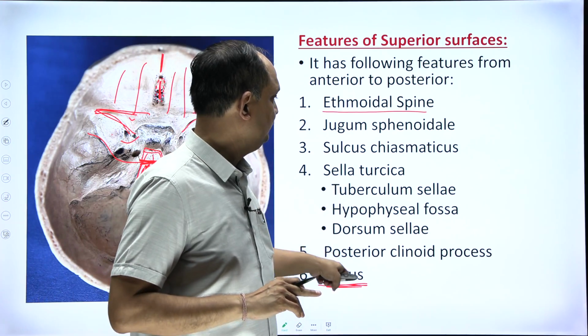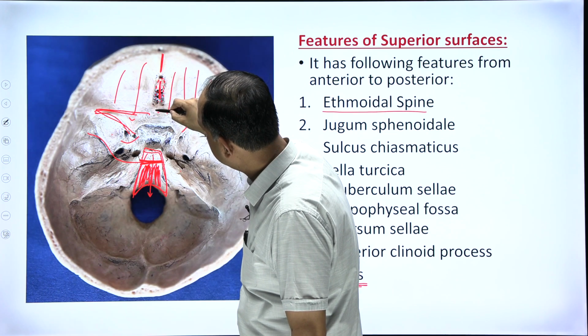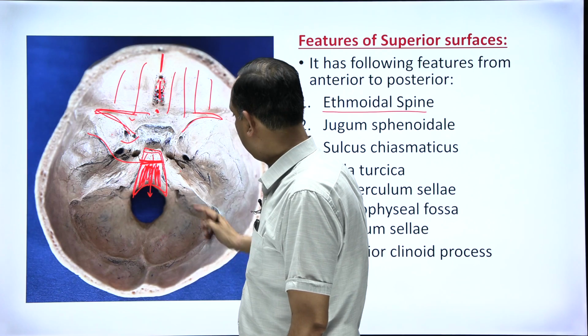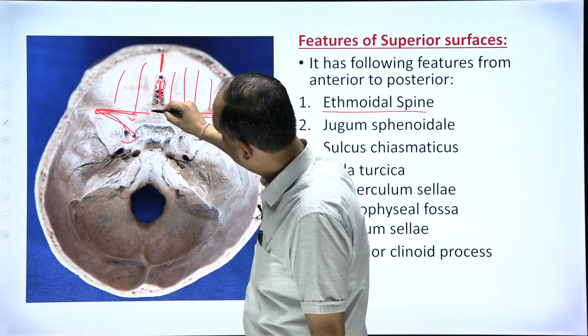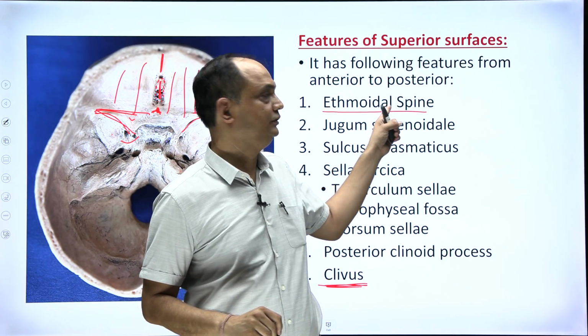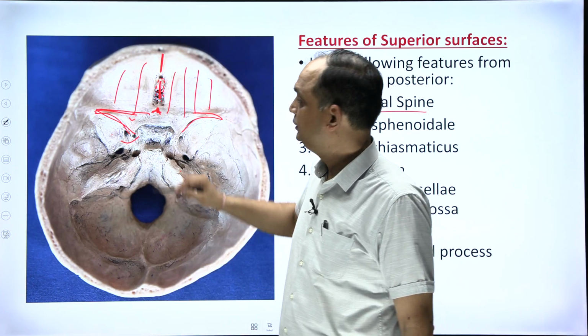So in the midline, you first need this idea of what structures you are going to see when we go from this point to this point of the sphenoid bone. Again we have the crest of the sphenoid bone, known as the ethmoidal spine, because it is going to make a joint with the ethmoid bone.